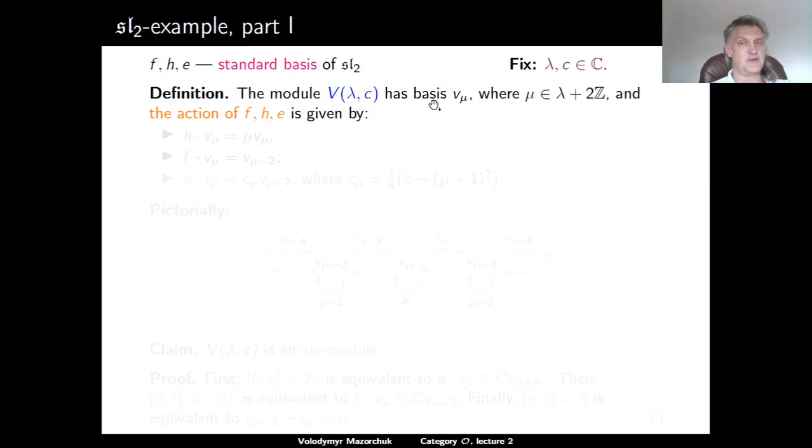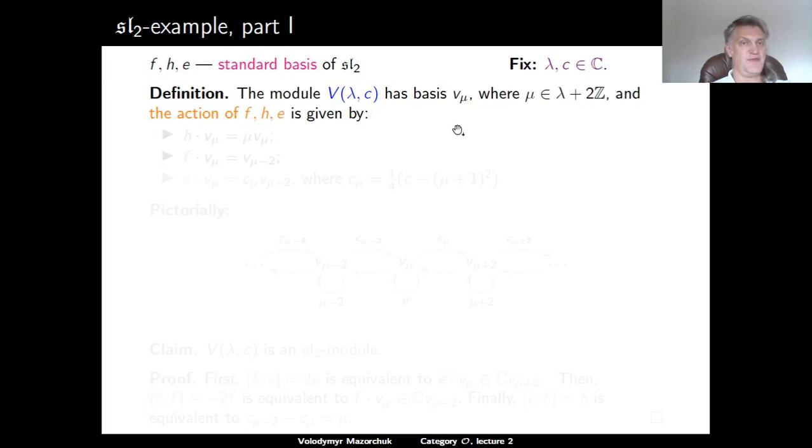So we have a basis of this module which is indexed by elements in the coset of lambda plus 2Z. The Lie algebra SL2 has two roots, 2 and minus 2. So this is exactly lambda plus the additive subgroup of H star generated by the roots.